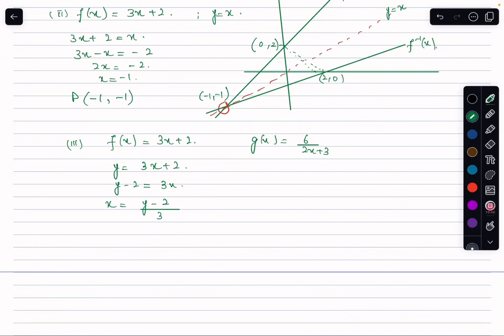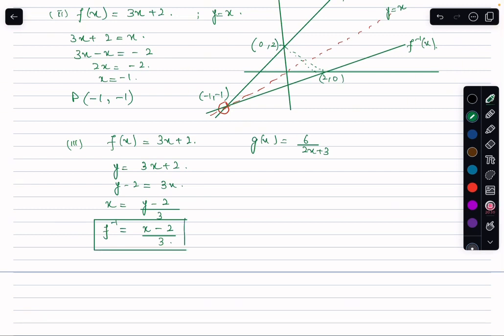So here I have switched the two. I have made x the subject so that now I can say the inverse function, switching y to x, is x minus 2 divided by 3.